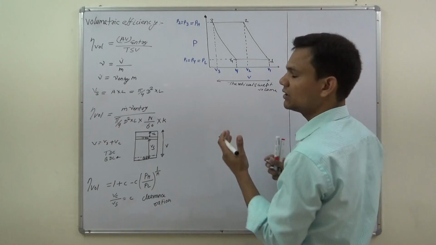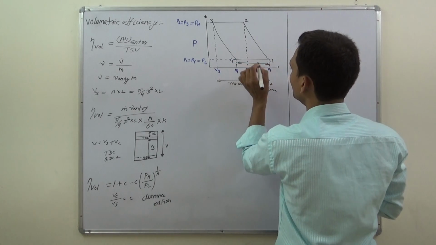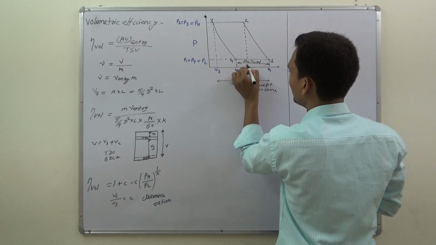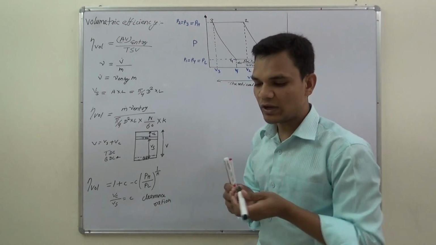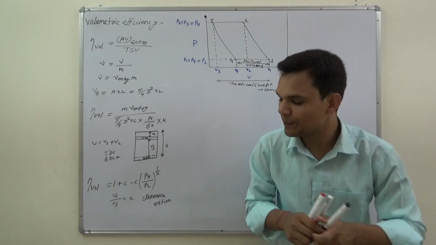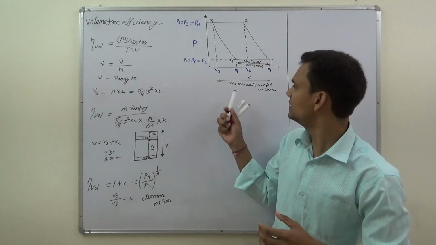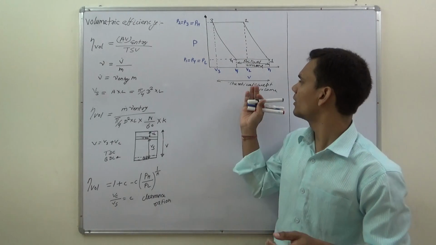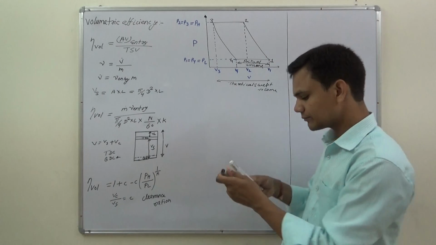And if we talk about actual volume, this will be equal to actual swept volume, or actual volume which is swept by the piston, or we can say actual volume at the entry, and this volume will be equal to theoretical or total swept volume at entry.